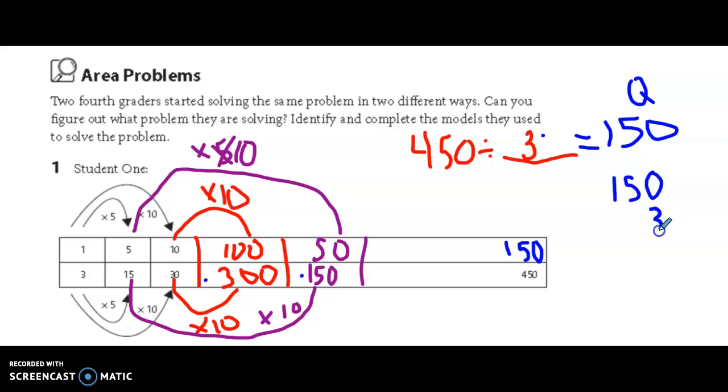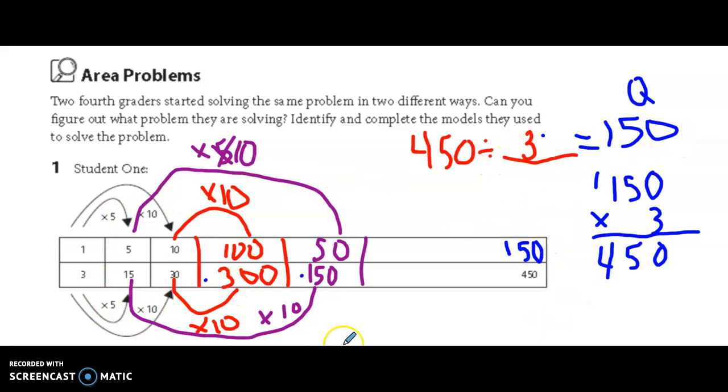If you multiply those together, you should get what we call the dividend, what's being divided. So let's look. I know 3 times 0 is 0. I know 3 times 5 is 15. Carry that 1. I know 3 times 1 is 3, plus 1 is 4. Hey-o! 450. So we can be confident that 450 divided by 3 is 150.